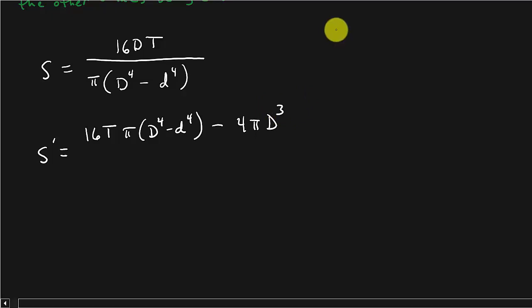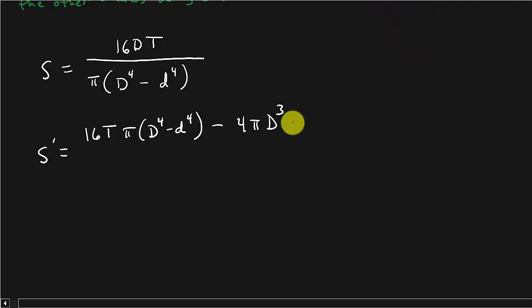Look at it this way. If we distribute that pi, that's pi D to the fourth minus pi little d to the fourth, right? What's the derivative of this? 4 pi, the 4 comes down, subtract 1 from the exponent. And what's the derivative of this thing right here? That's just a number. Little d is a constant, so the derivative of that is 0.